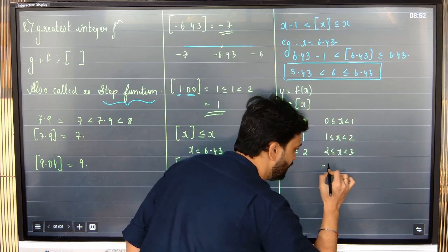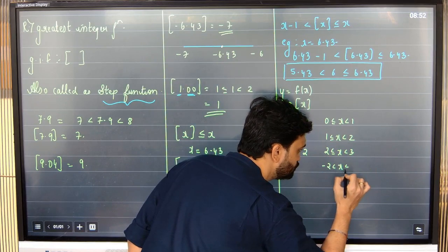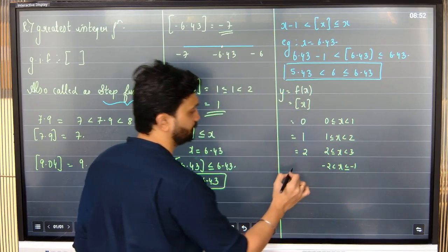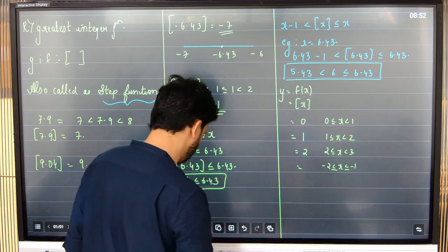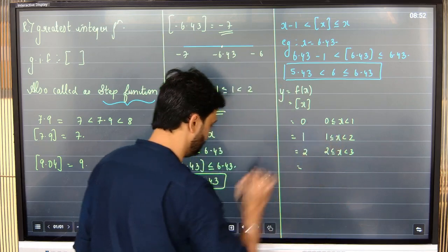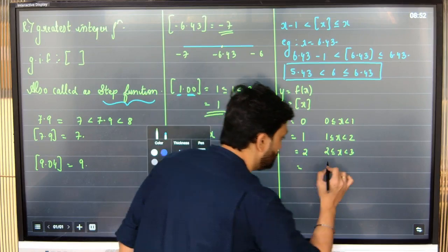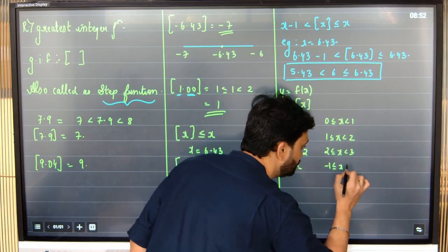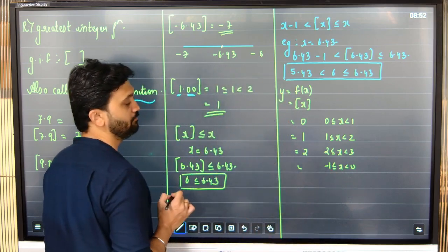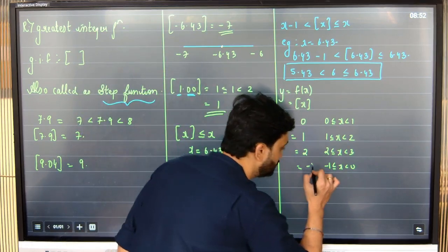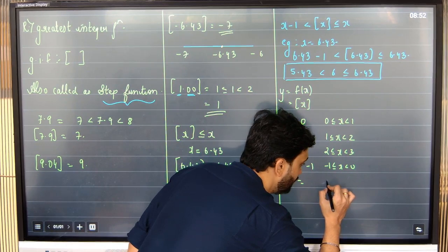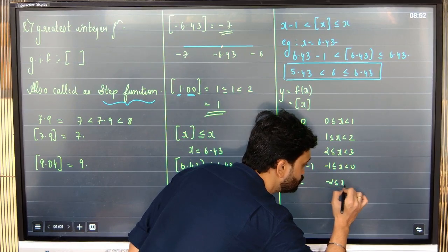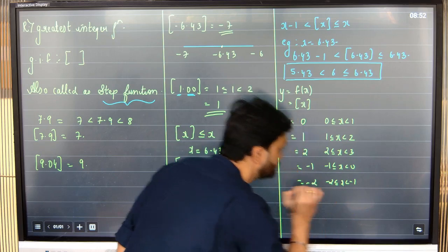If I take any value between -2 and -1, can you tell me what will be the greatest integer? We'll start with 0. It was up to 0, right? If I take any value between -1 and 0, can you tell me what is the answer? -1. If I take any value between -2 and -1, my answer will be -2.